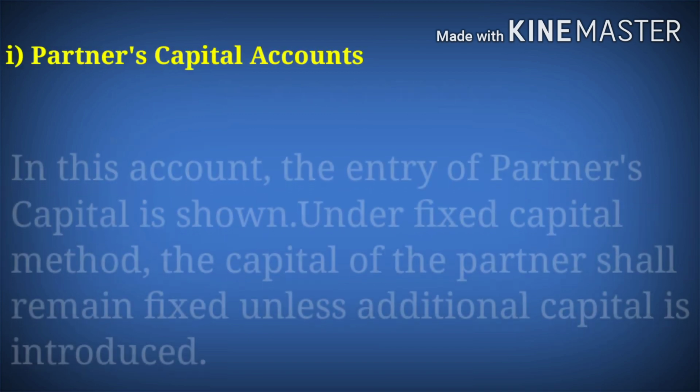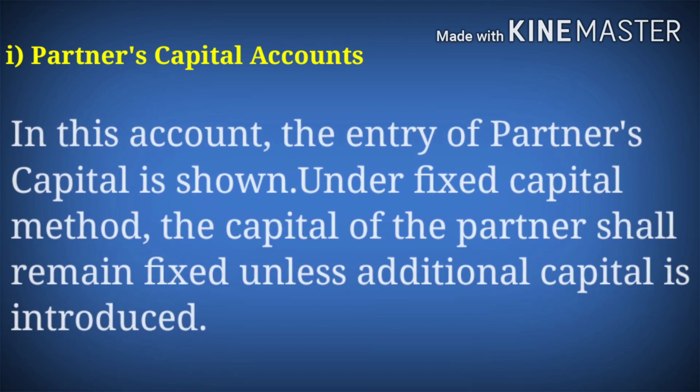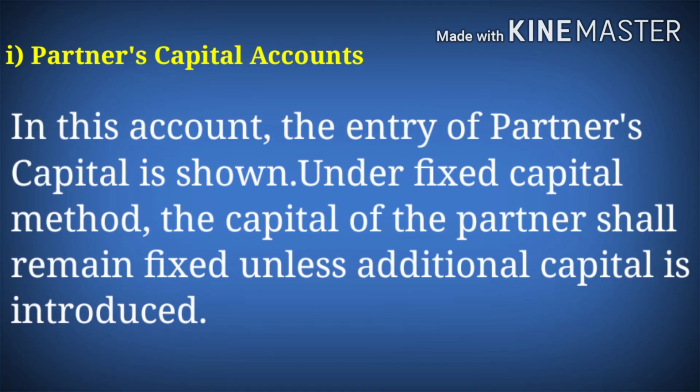Under fixed capital method, first of all, we have to prepare partner's capital accounts. In this account, the entry of partner's capital is shown. In this method, the capital account will include only the amount of capital brought by a partner at the time of starting the business.